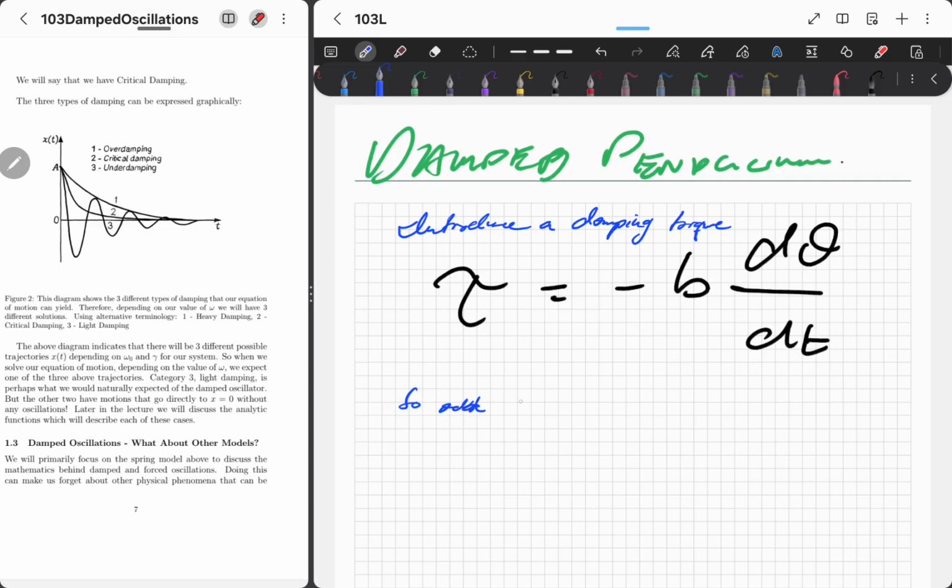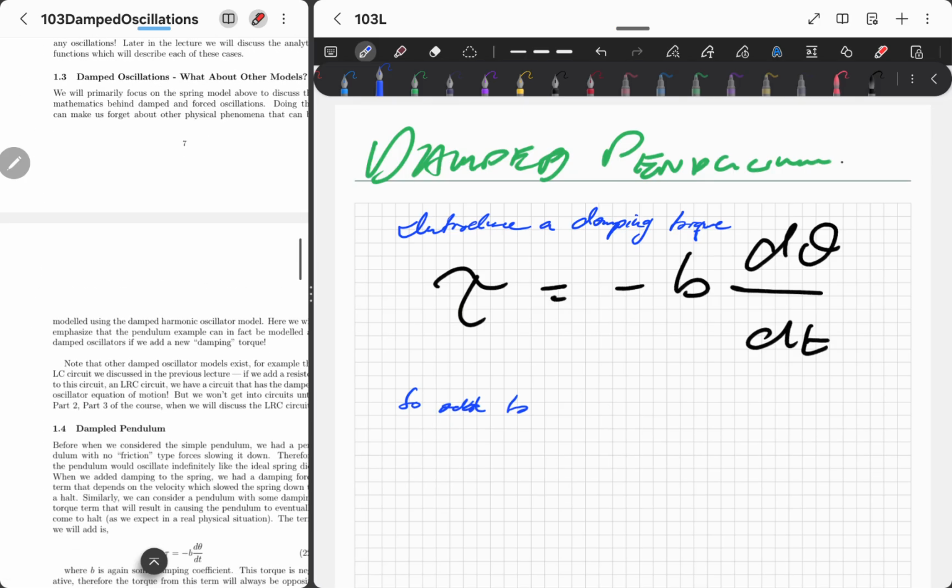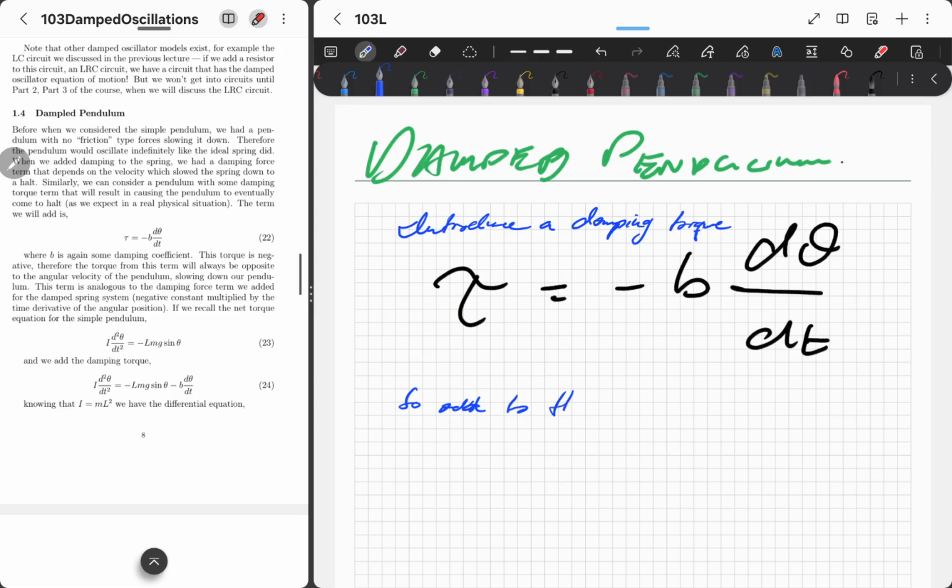What you'll see with these models is that if you understand one of them, all of them start to make sense. Because the damping torque is basically the same thing we added as the damping force. We have a negative sign, some damping coefficient, and then the angular velocity, dθ/dt. So instead of the linear velocity for the linear force, we have the angular velocity dθ/dt for the damping torque.